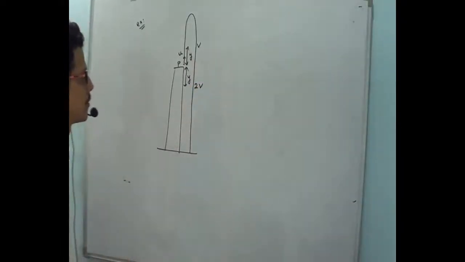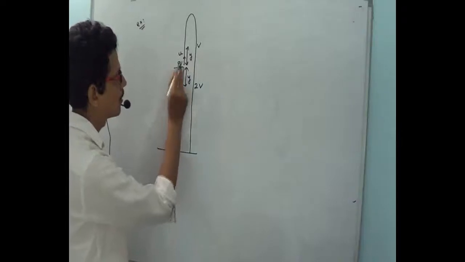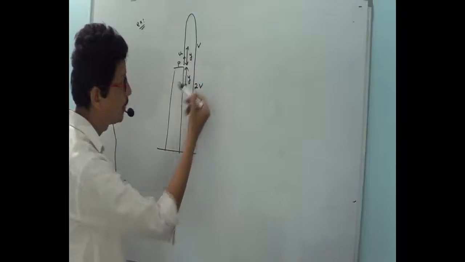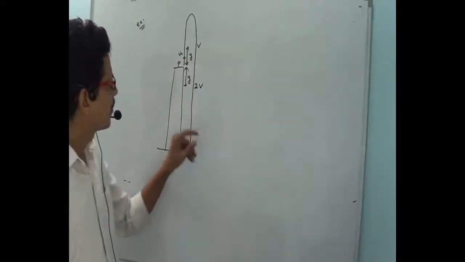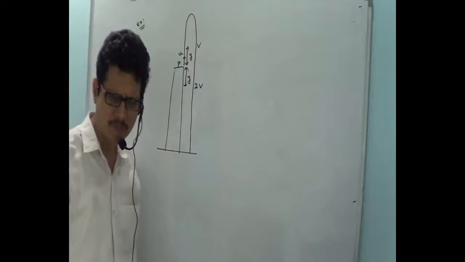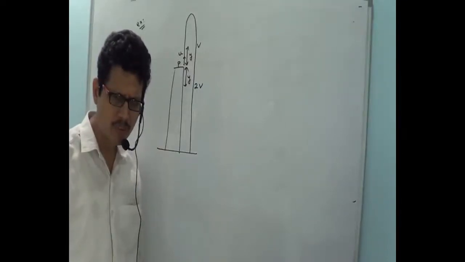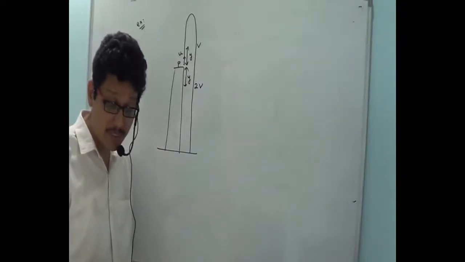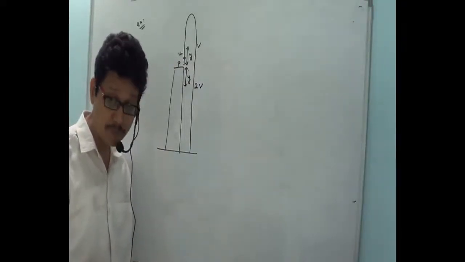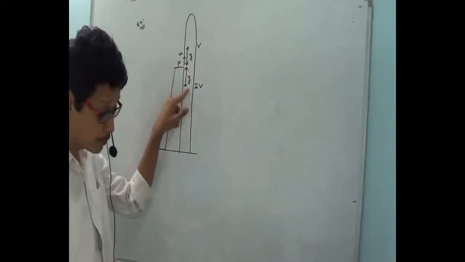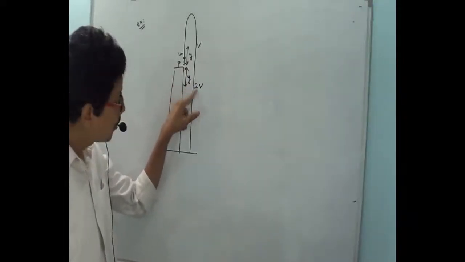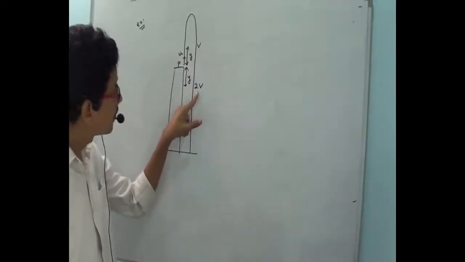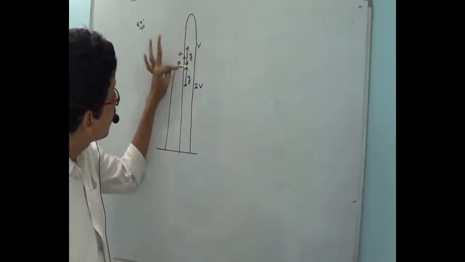So you have to write like this. Okay, there is one point here at a distance y above and another point y below the point p. So here what did he say? This is v and this one he says take as 2v. You understood the question? When it reaches a distance y below the point of projection, its velocity is double the velocity when it was at a height y above the point p.